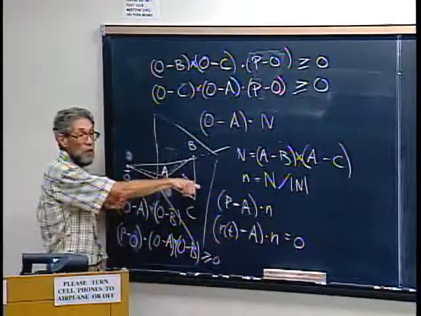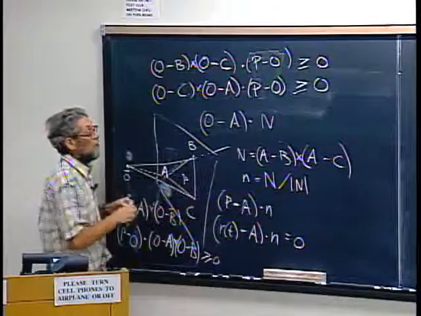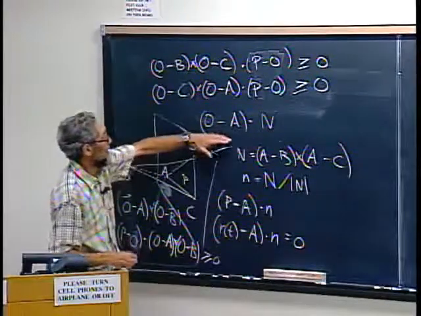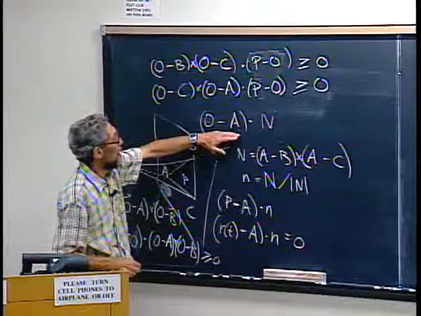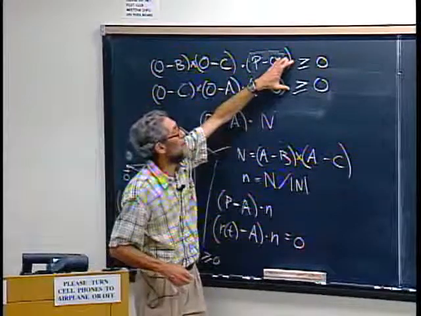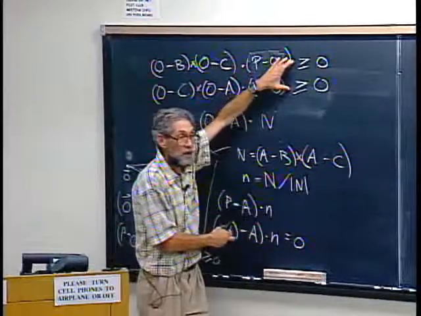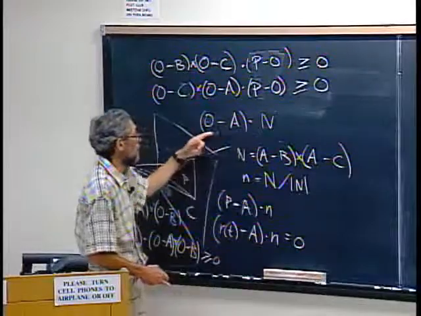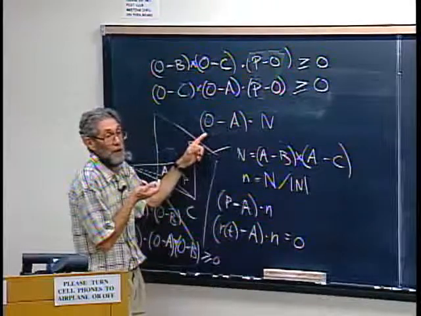Because this thing is pointing away from us. So what we can say is, if this is negative, then you insist these be greater than or equal to 0. Whereas if this thing is positive, you insist it be less than or equal to 0.